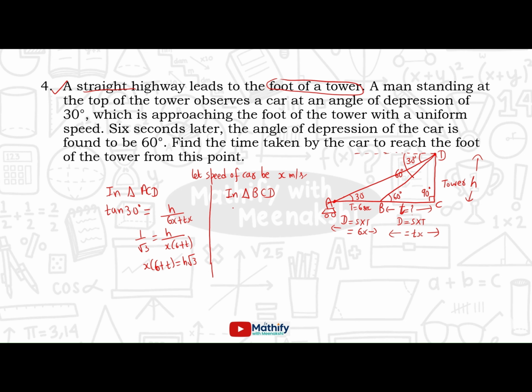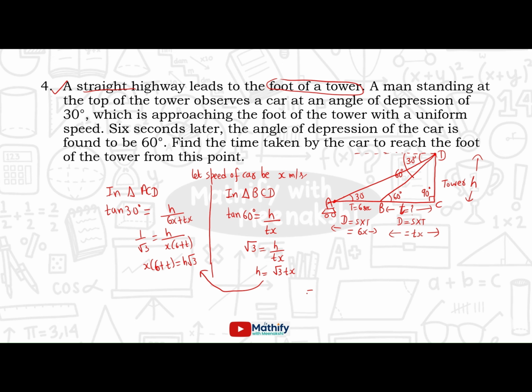Now let's come here. Here tan 60 degrees is equal to again p by b, that is h by tx. And what is tan 60? It's root 3 equals h by tx. So you can write h is, if you do cross multiplication, root 3 tx. Done till here? Now we have to equate this. Let's put the value of h here.